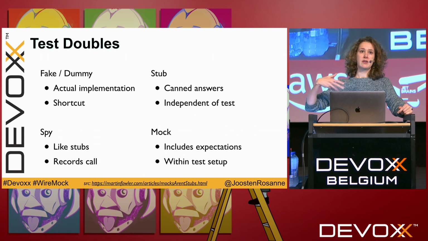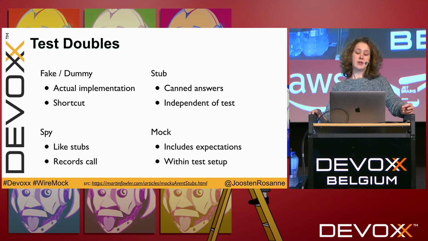Then when you make your test double a little bit more intelligent, you get a stub. A stub is something that returns the same value always. It's a canned answer, always independent of your test. You set it up beforehand. And then when you add a little bit more complexity, you get a spy. Spies are like stubs, but a spy records all its calls. So you can ask it how many times it has been called or with what parameters.